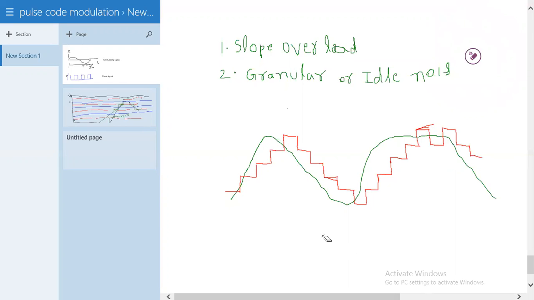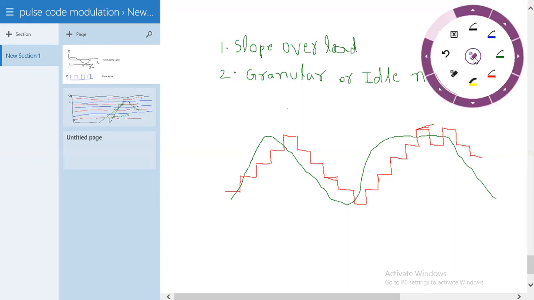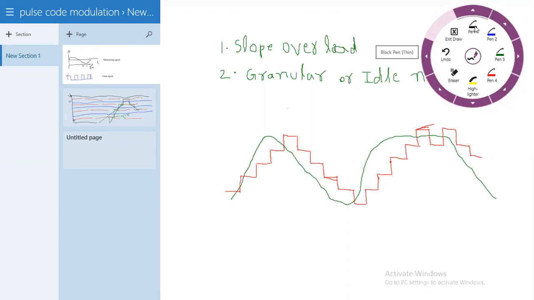So here we can observe that two noises are there, granular noise and slope overload distortion. Slope overload distortion can be defined as follows: at the slope of this modulating signal, if the step size of this staircase waveform, or step signal, is constant and fixed, there is a gap.